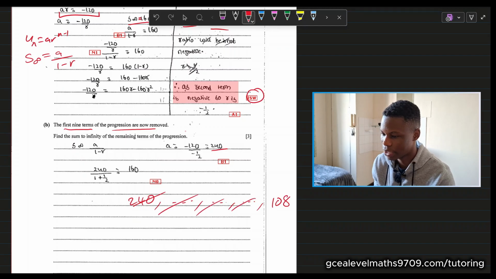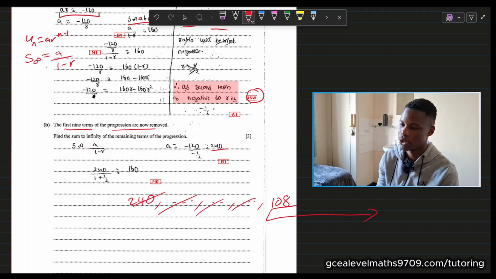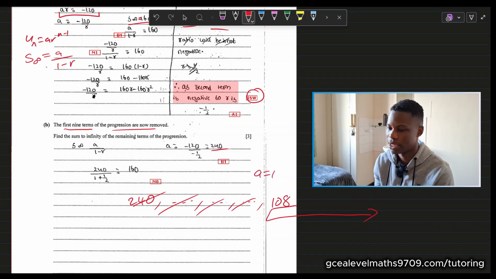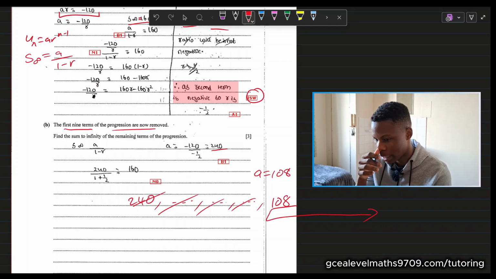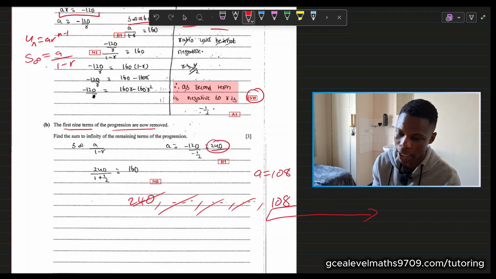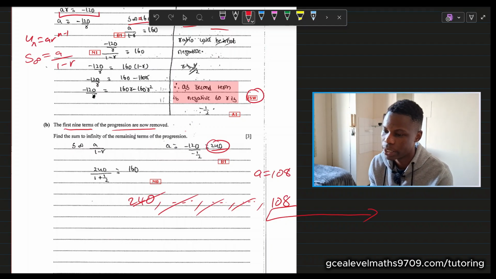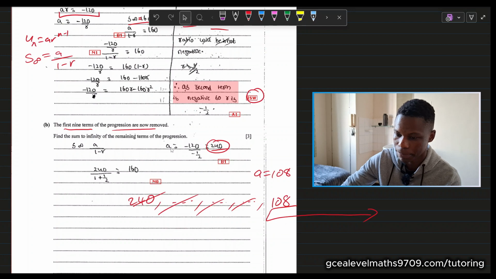So your progression now starts here at 108. So you've got this new A. Your A is now the 108, or whatever A is once you remove the first 9 terms, you need to figure that out. But that was the trick here, because it seems like you just used the original A and calculated the sum to infinity, which was the mistake. Okay.